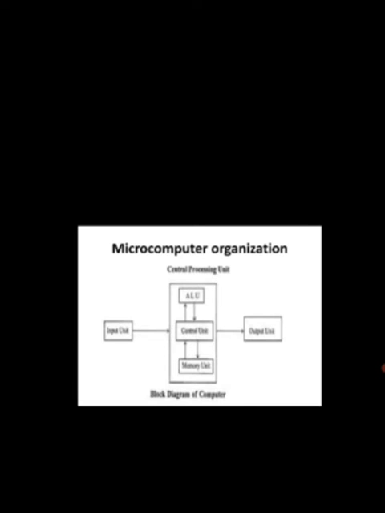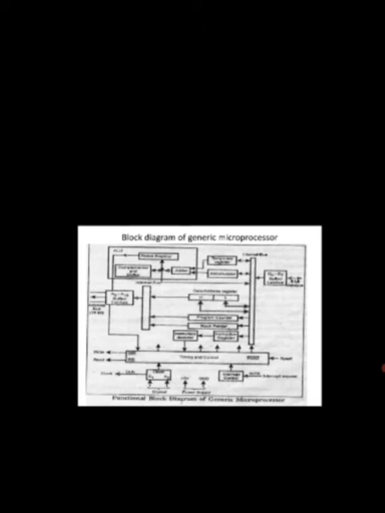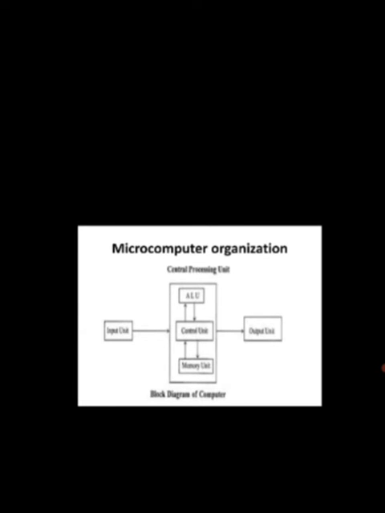Microprocessor with memory, input, output and clock forms a microcomputer. So the microcomputer is a small size computer, while the microprocessor is one block of the microcomputer.